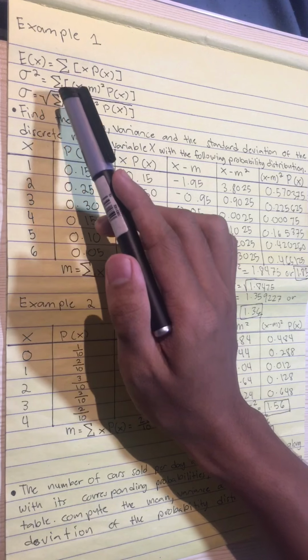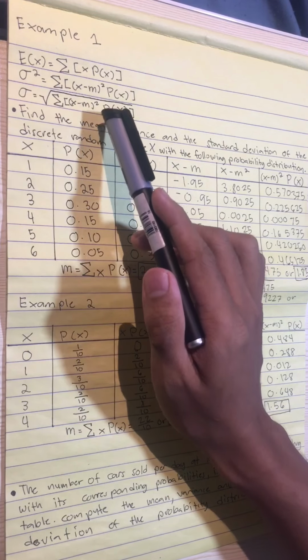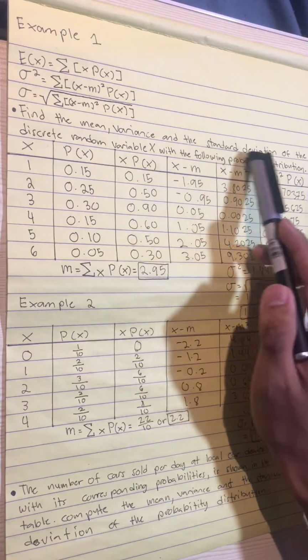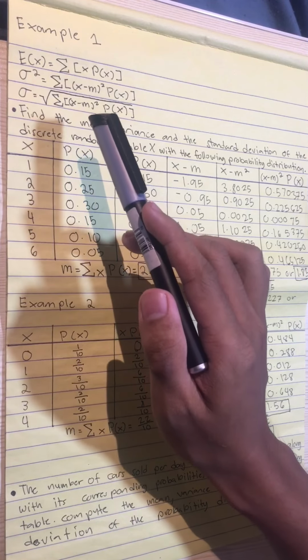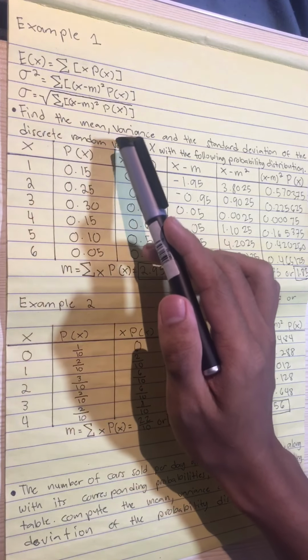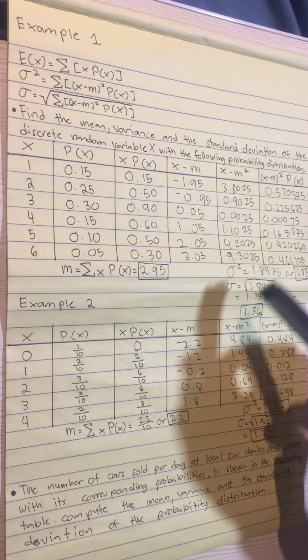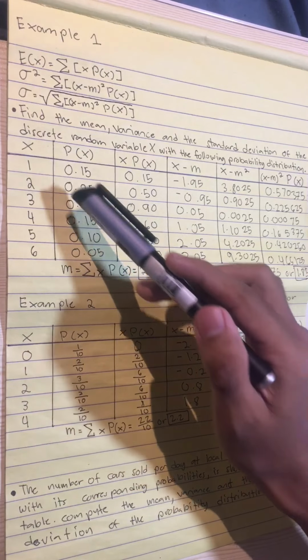For the variance, we have the summation of (x minus mean) squared times p of x. And for the standard deviation, simply get the square root of the variance. So now we can proceed to example number 1.